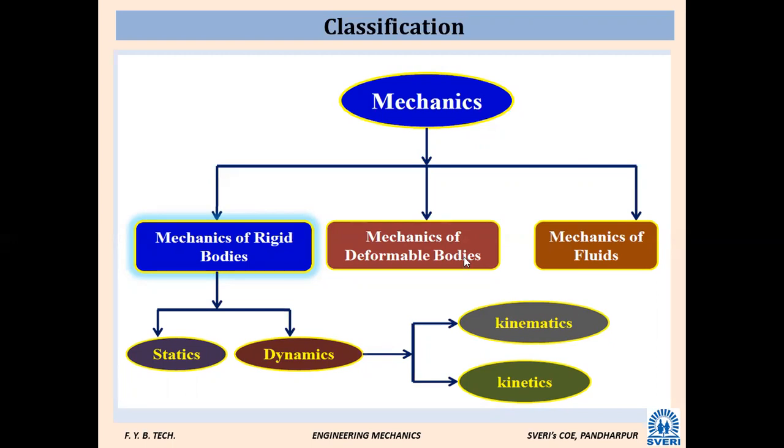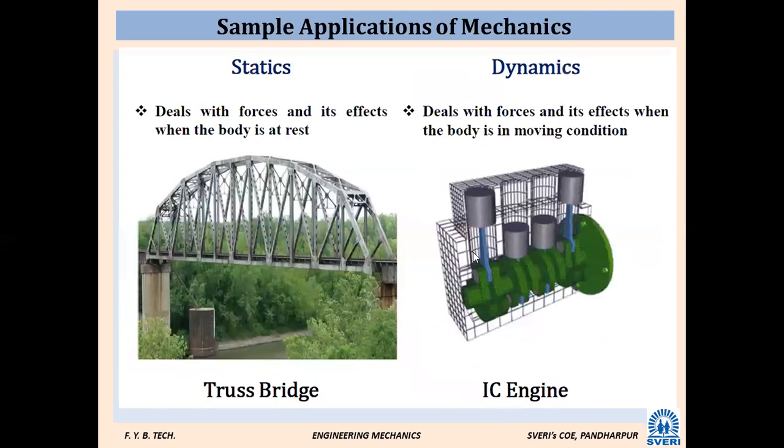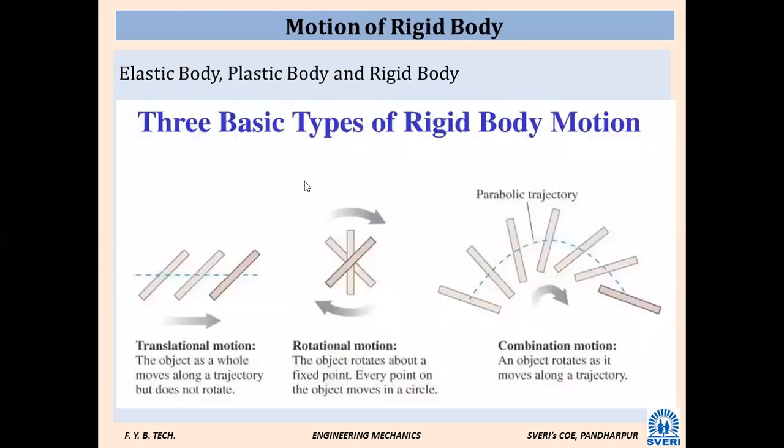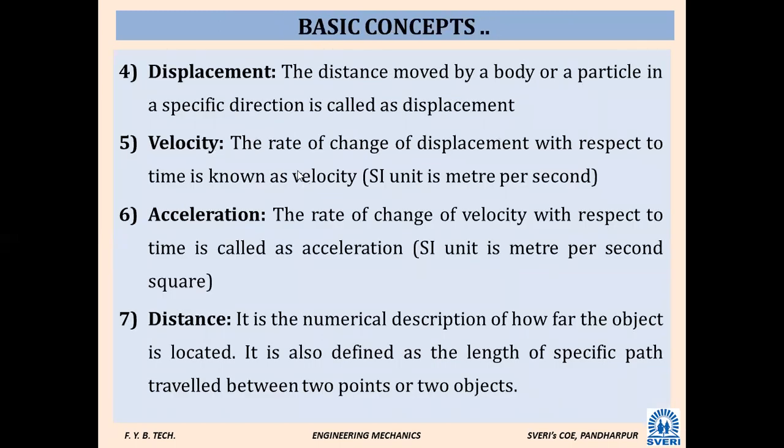Yes, sir. Okay. After this one, you have seen what is static, what is dynamic. And you have seen some of the technical terms. What is body, what is rigid body, what is elastic body. Again, we have seen what is displacement and what is distance. Can anyone tell me what is the difference between the displacement and distance?